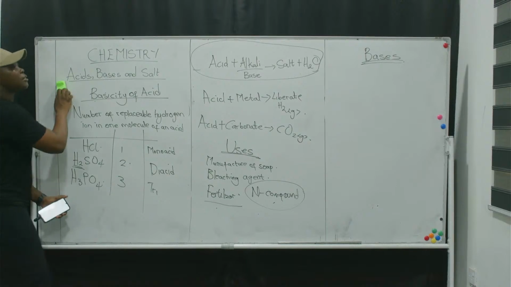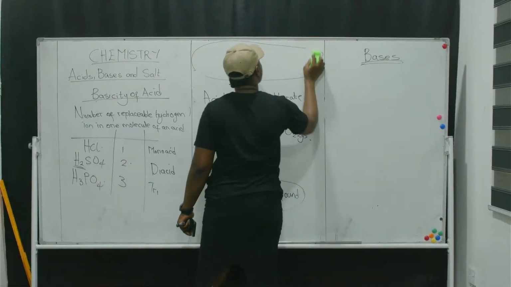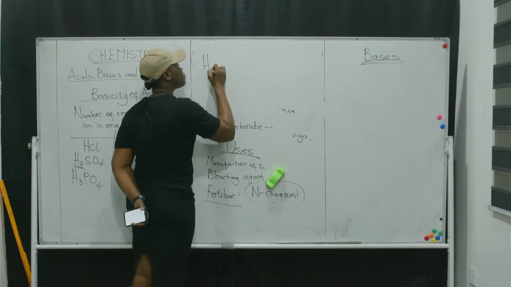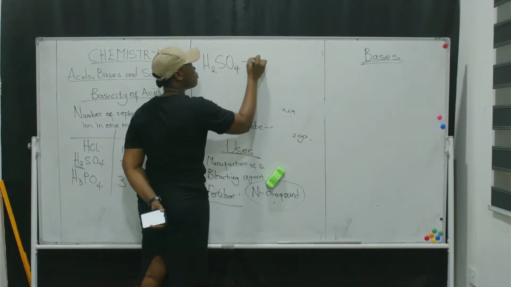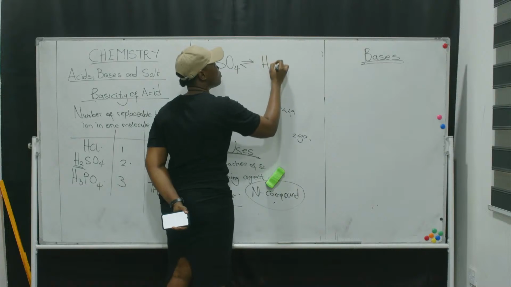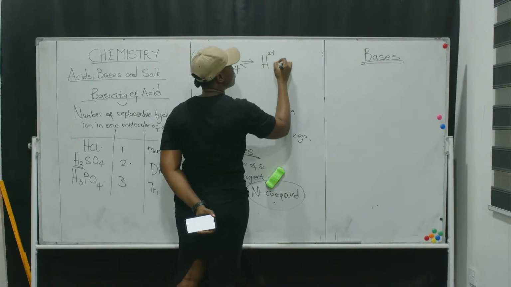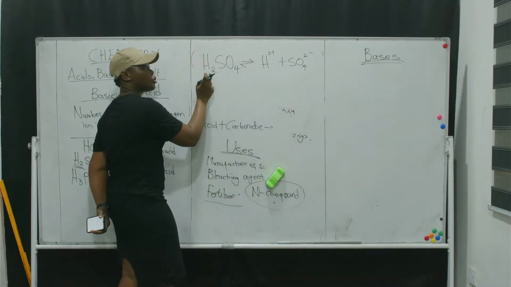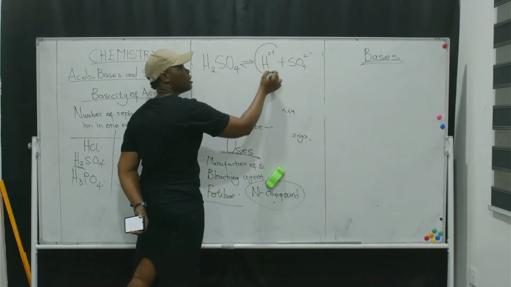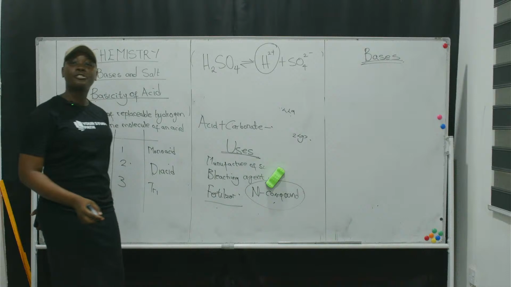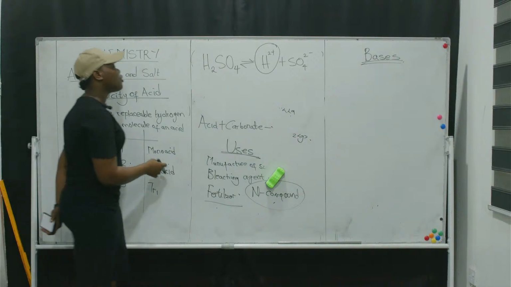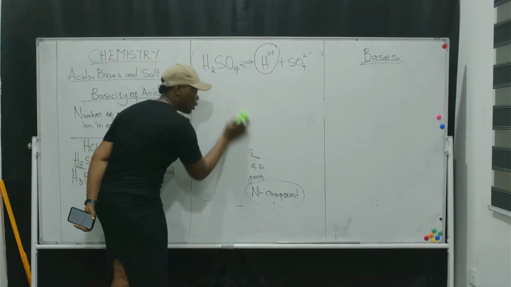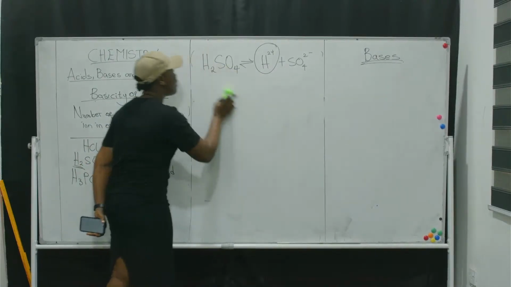Let me expand H2SO4. Dissociation of this will give this, and so this is the number of replaceable hydrogen ions. So when you hear basicity of acid, it is the number of replaceable hydrogen ions in one molecule of an acid.